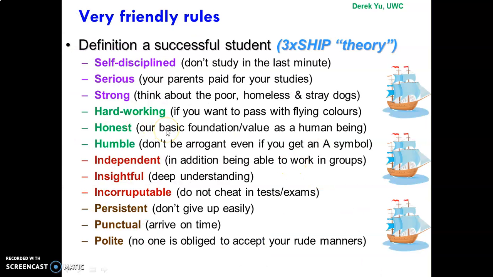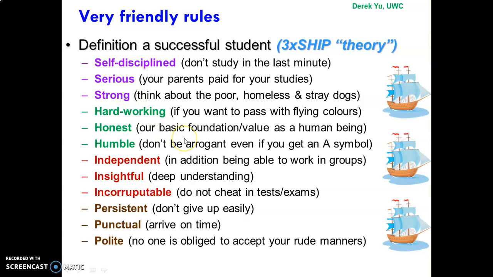Definition of a successful student. Remember, for this module, from my side, I don't want to only teach you economics knowledge. I also want to influence you to develop the right soft skills or graduate attributes, so that you can survive and succeed long term in the labor market. So look at these attributes like being honest, humble, polite, punctual, hardworking.